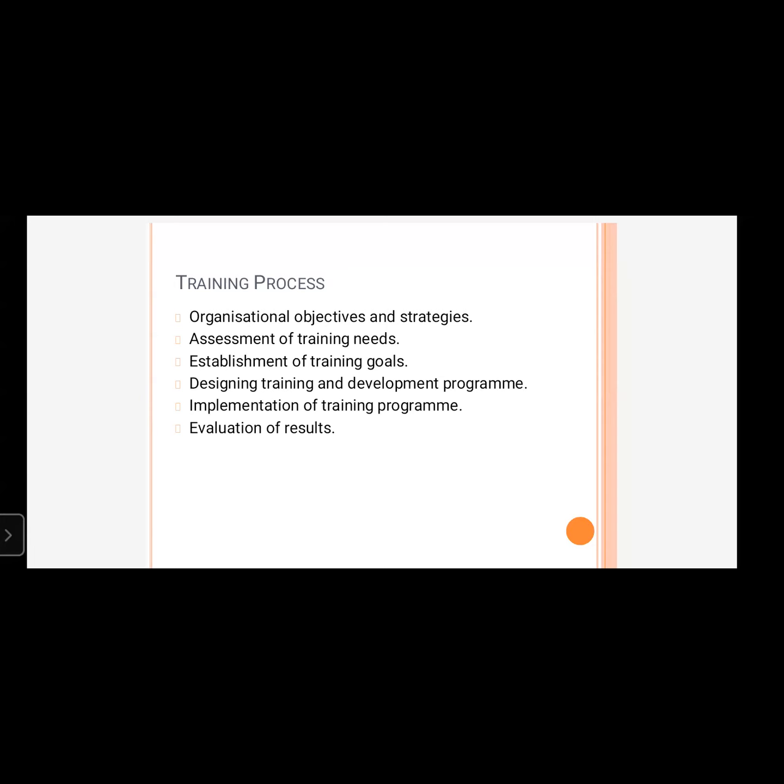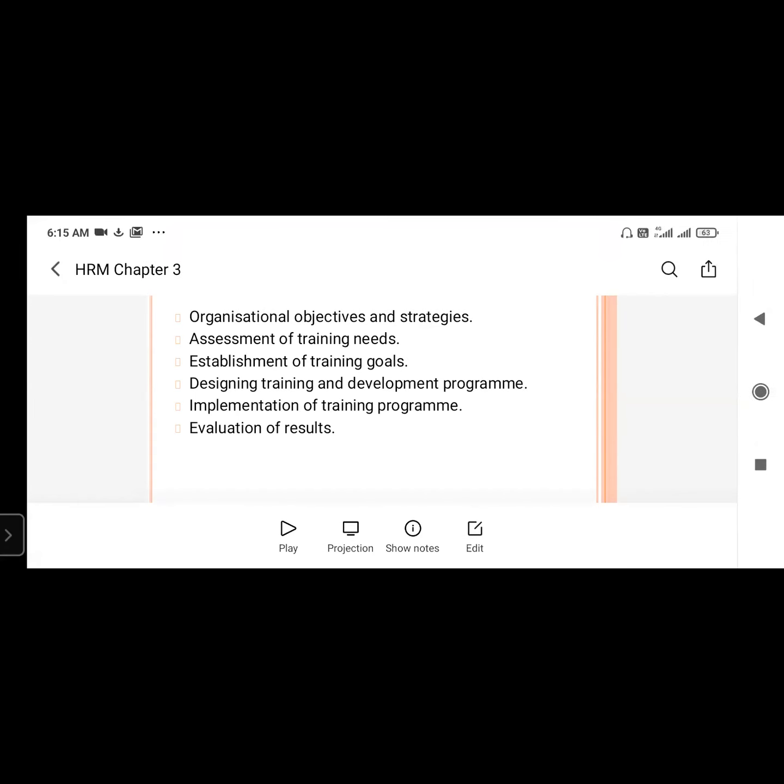So the organization has to check what went wrong during the training program, whether the training needs were analyzed correctly or not, and whether the training was imparted in a correct manner or not. Everything is to be checked if the goals are not met. If the goals are met, it means that yes, the training program was implemented in a proper manner because the results are better. So this is the training process.